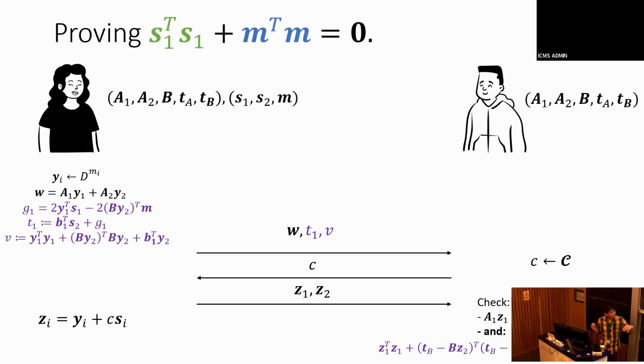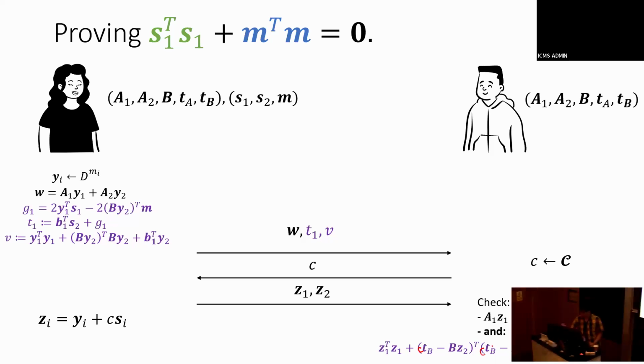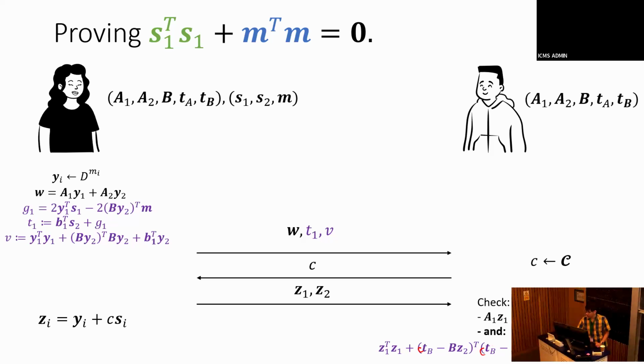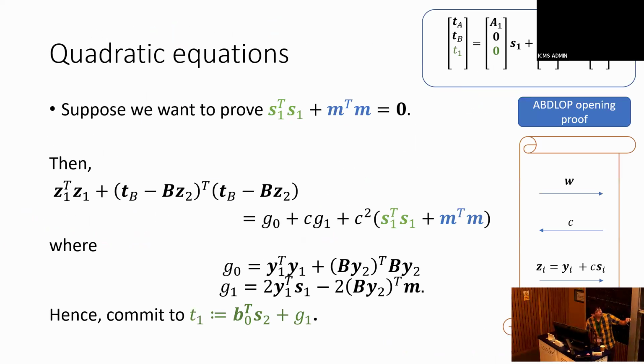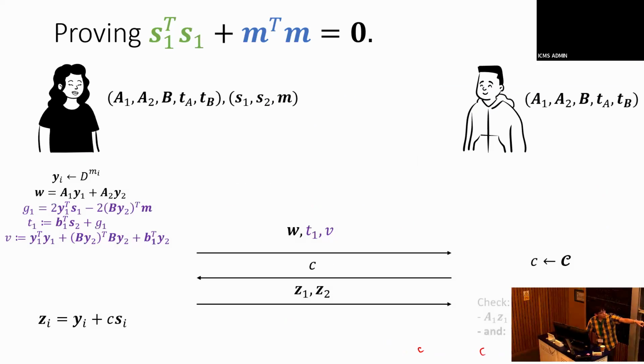And, another C. Yeah, I need to update that before I send. So this is exactly the verification equation we had before. This equation is exactly this equation at the bottom.